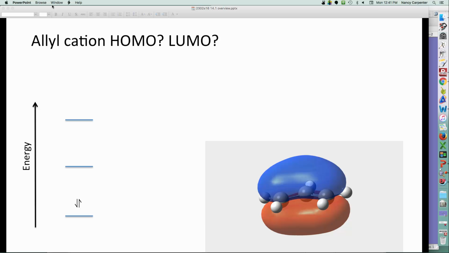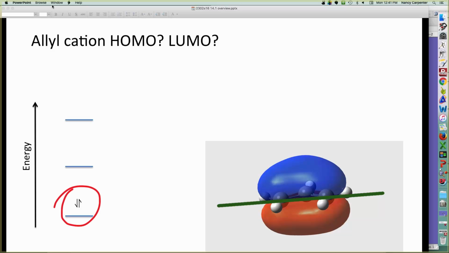So totally symmetrical and totally distributed evenly, top and bottom, across the 3 carbons. There is a nodal plane right in the same plane as the carbons and hydrogens, so this guy has 1 node. Well, we know we only have 2 pi electrons, so there they are. So that means this must be my highest occupied molecular orbital because I don't have any more electrons to put in there.